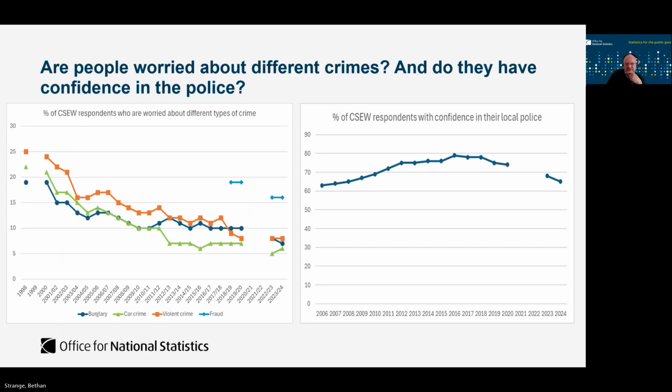And you can see that generally over time, people are less worried about those more traditional types of crime. So about 25% of people were worried about violent crime back in 1998, turn of the century. And it's more like 8% of people who are personally worried that they might fall victim to that now. Fraud is the highest, so about 16% of people are worried about falling victim to fraud.